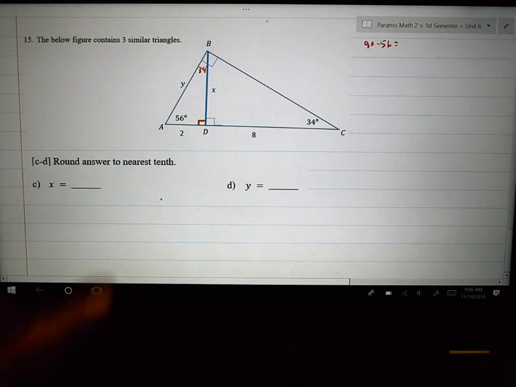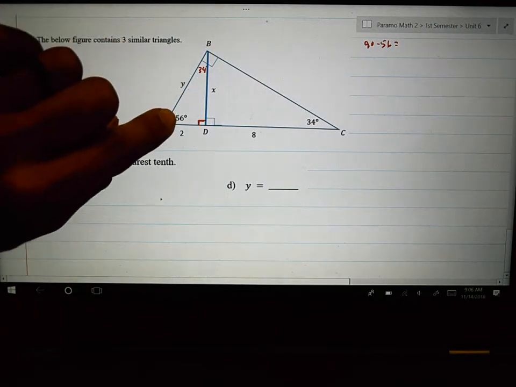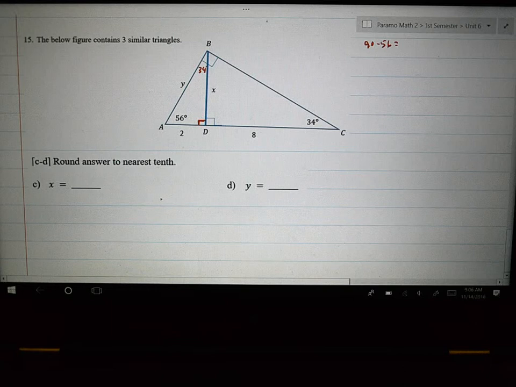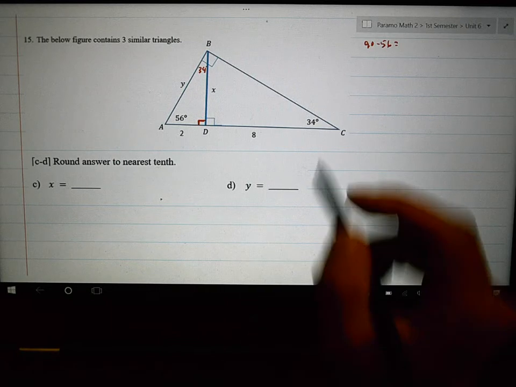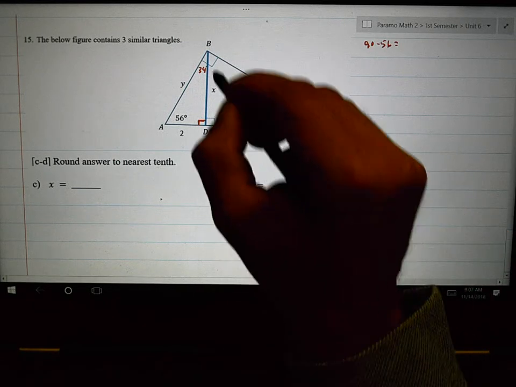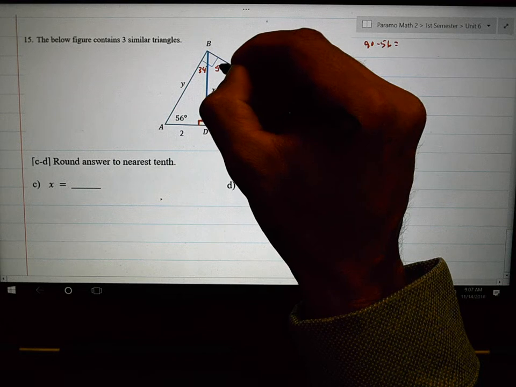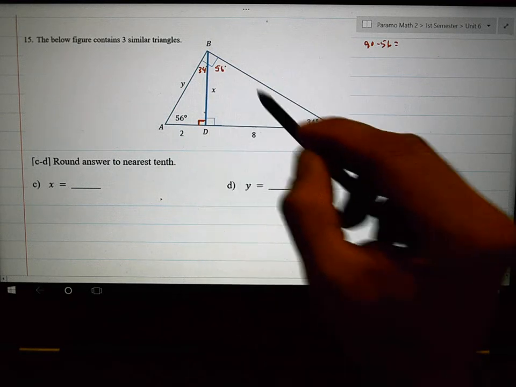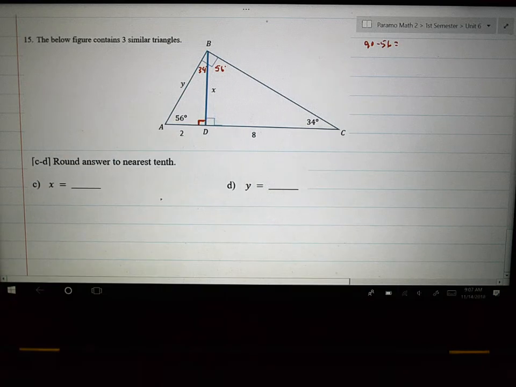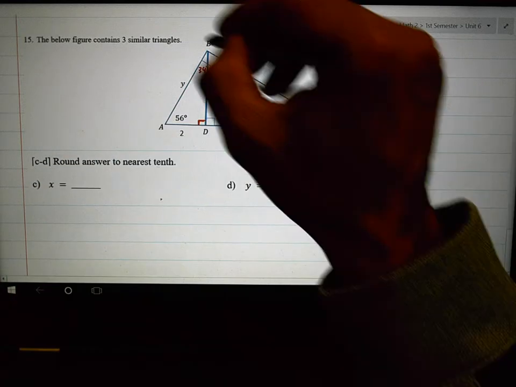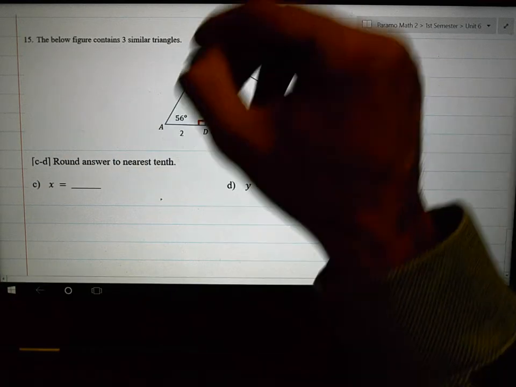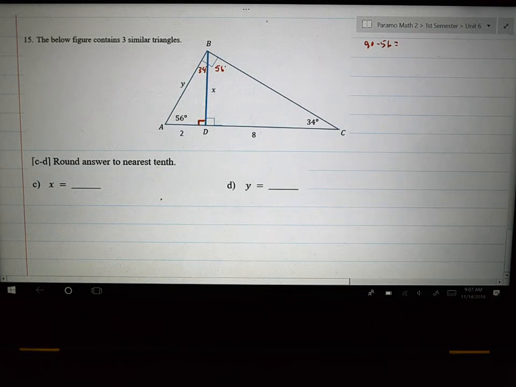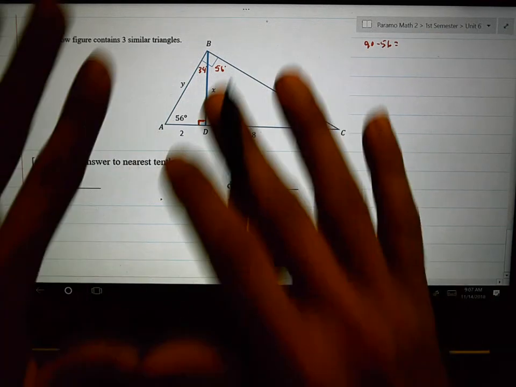So 56 and 34 make 90, plus that other one make 90, which means this other one needs to be 56. And you can kind of see you have angles that are matching up in both of these triangles. And if you look at the big triangle, you have angles that are matching up there, 34 and 56. So all our angles are matching.